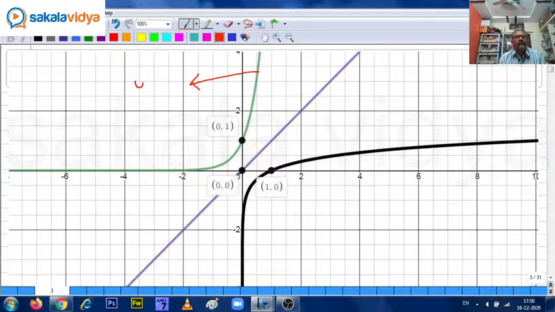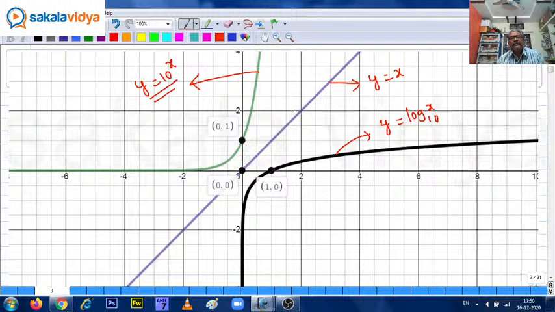So now this is the graph of both. This is y is equal to 10 power x. This is y is equal to log x to the base 10. This equation is y is equal to x. See, this is the image of this with respect to this line. This will be the image of this one with respect to this line.